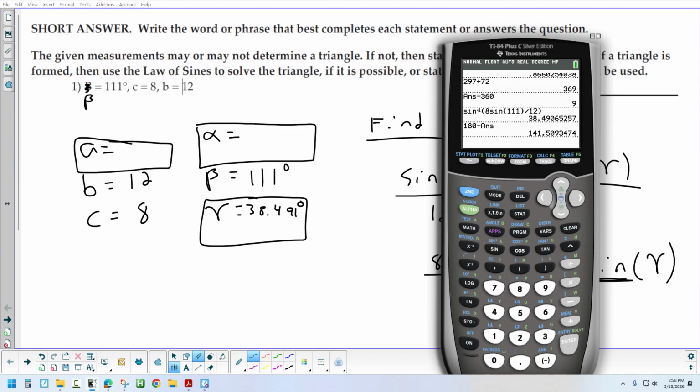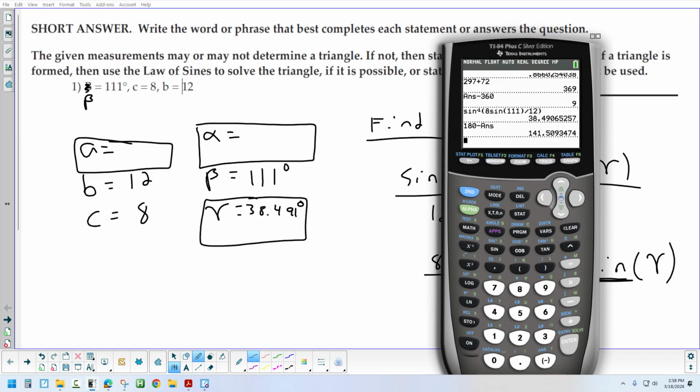No. They gave me 111. There's no way I can fit 141 and 111. That's over 200. So in this particular one, we don't have to worry about the second answer, which is great. So we can finish solving it like a one solution. Any question on how we got the second answer or how we figured out it does not work?